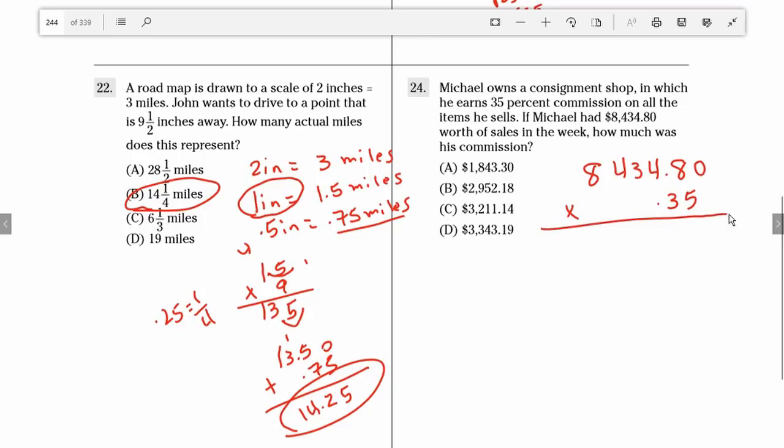That's 35%. Again, we're multiplying two decimals, so we're going to move this decimal 1, 2. Move this decimal 1, 2. So we move the decimal a total of 4 places. At the very end, we'll add those decimals back in.